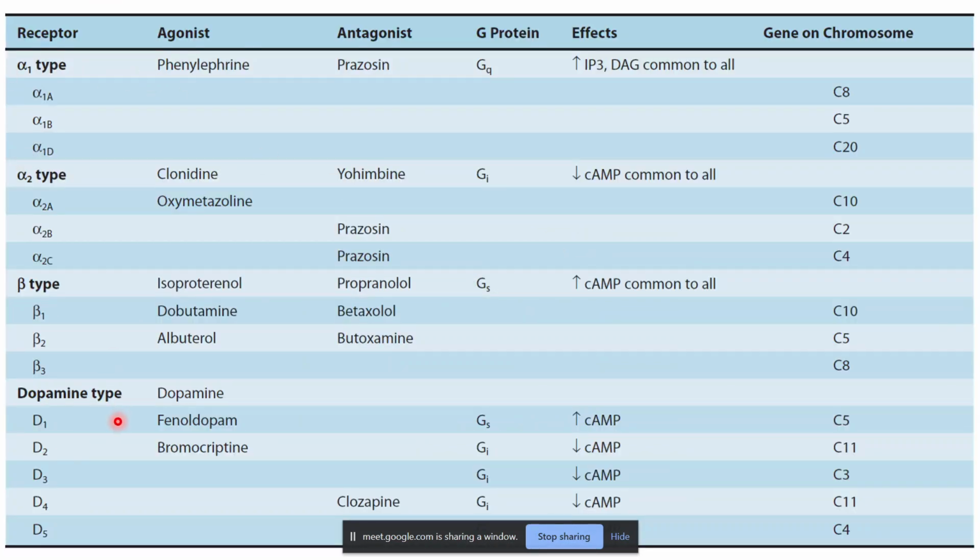The endogenous catecholamine dopamine produces a variety of biological effects that are mediated by interaction with specific dopamine receptors.